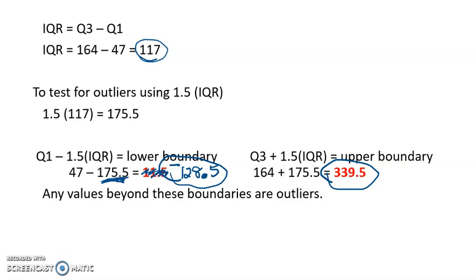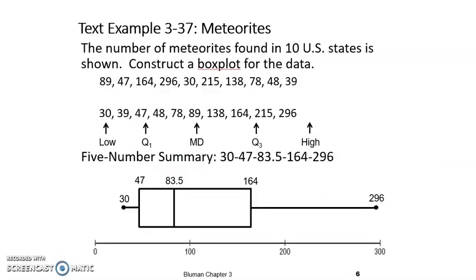Well, let's look at our data. Do we have any data that was less than negative 128.5, or that was greater than 339.5? No, none of our data is. The highest value we've got is 296.